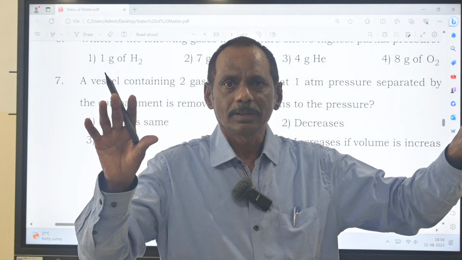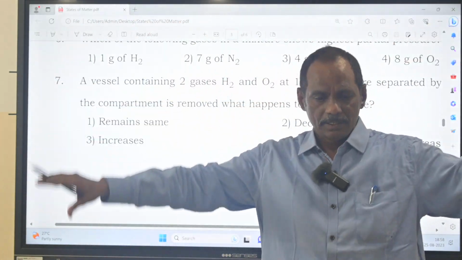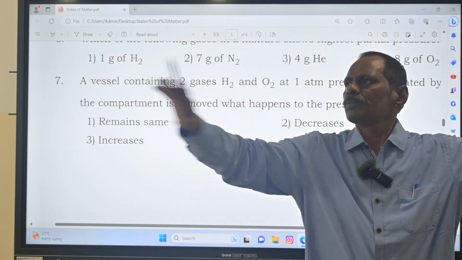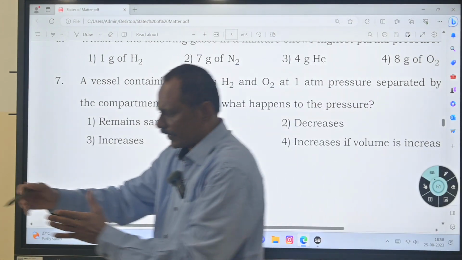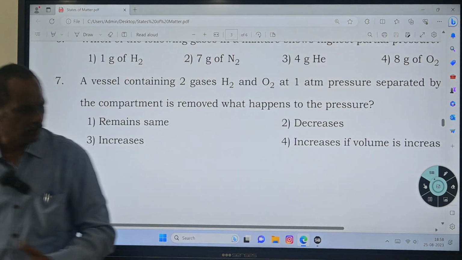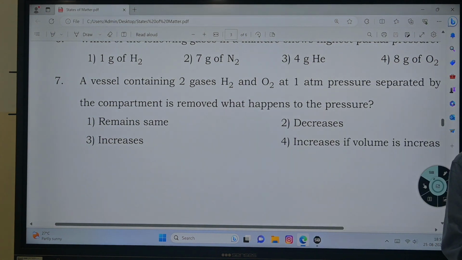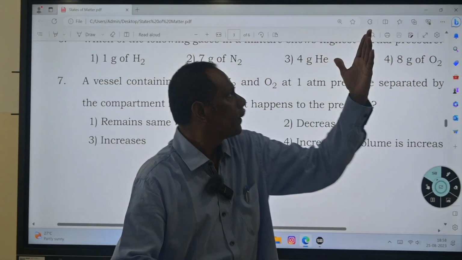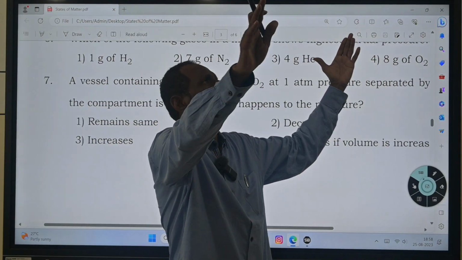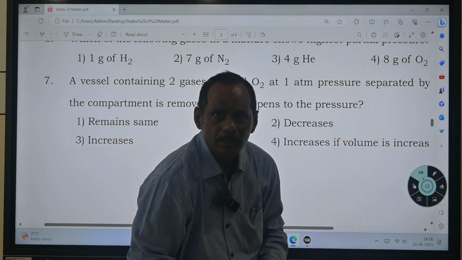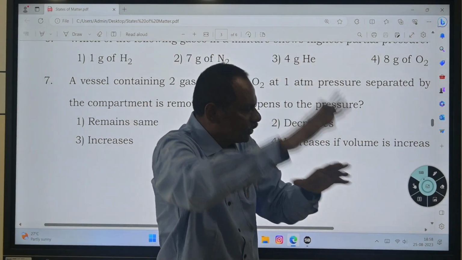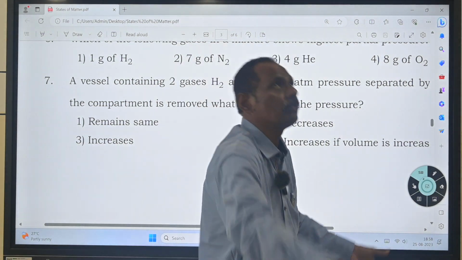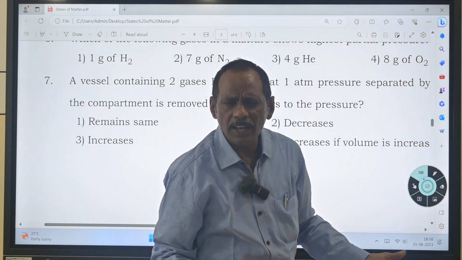Assume, friends, it is a room. In this room, the gas is there. If the pressure of the gas at this point and the pressure of the gas at this point is the same, 1 atmosphere, and this room is divided into two parts by using a cardboard separation, or divided into two boxes or two compartments by using a brick wall, then what will happen?